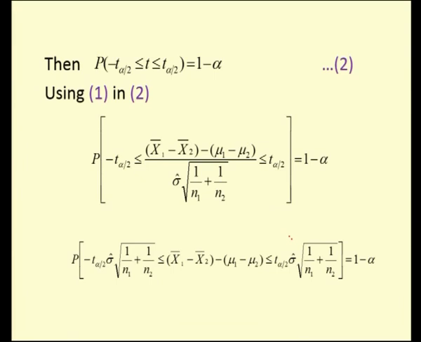Now, once again consider the 100 into 1 minus alpha % confidence interval for the difference in means when the variance is unknown. Therefore, it becomes probability of minus t alpha by 2 less than or equal to t less than or equal to t alpha by 2, which is equal to 1 minus alpha.